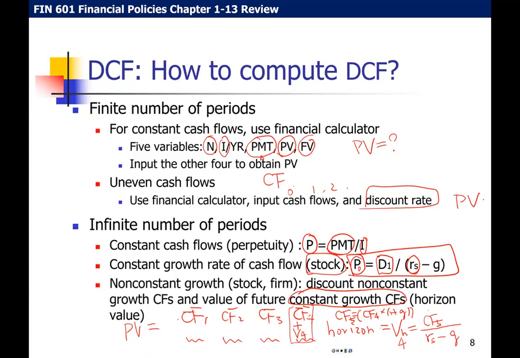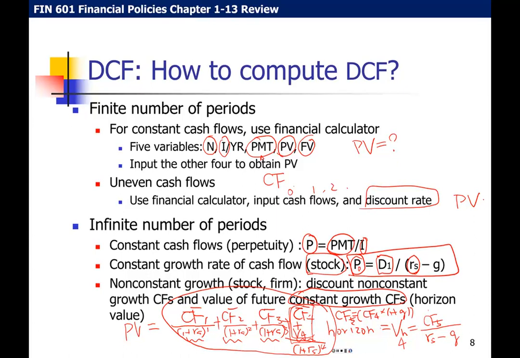Present value is equal to the sum of all cash flows discounted: the first cash flow over 1 plus R_S, plus the second over 1 plus R_S squared, plus the third over 1 plus R_S cubed, plus the combined cash flow at 4 and horizon value divided by 1 plus R_S raised to 4. Okay, so these 4 entries summed will be the present value of the non-constant growth pattern of cash flows.